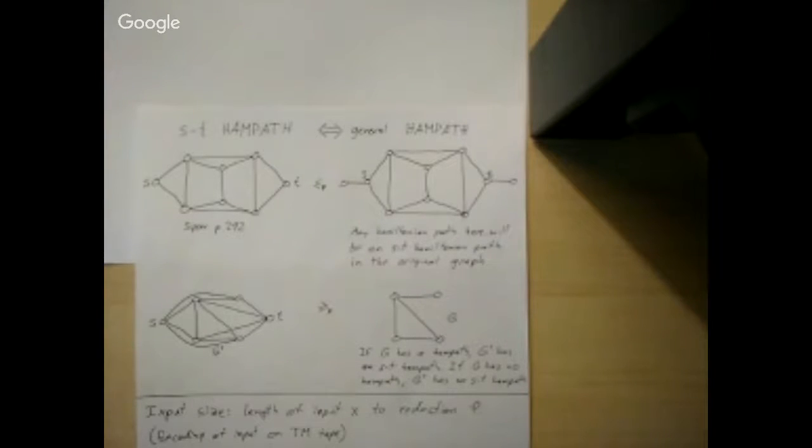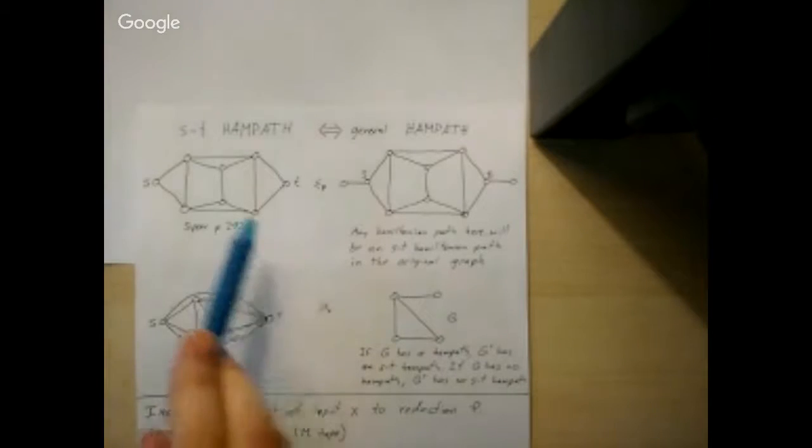But in the book, we have an ST Hamiltonian path instead. So try to use the general one because that's what's listed on the exam. That being said, they are closely related, so I want to go through how they're related.